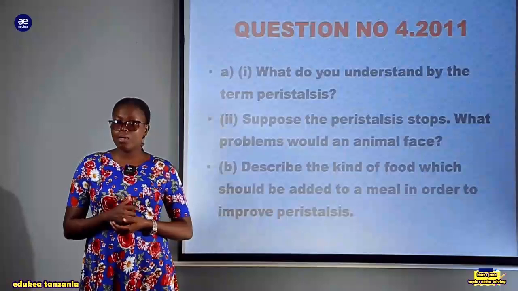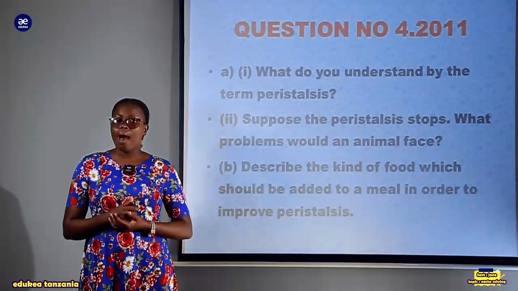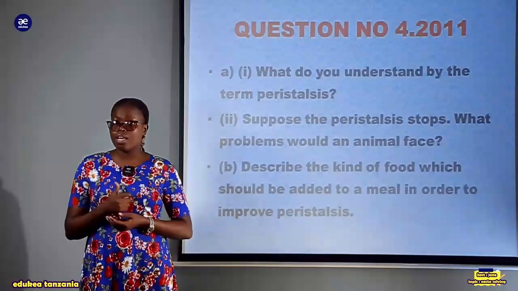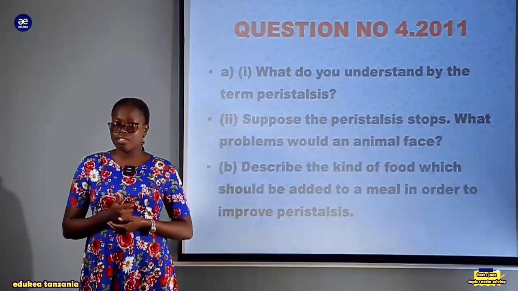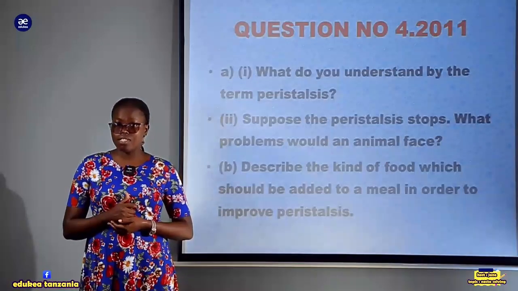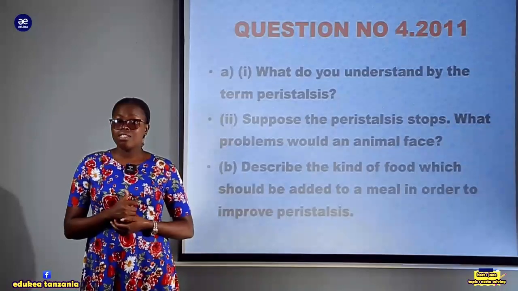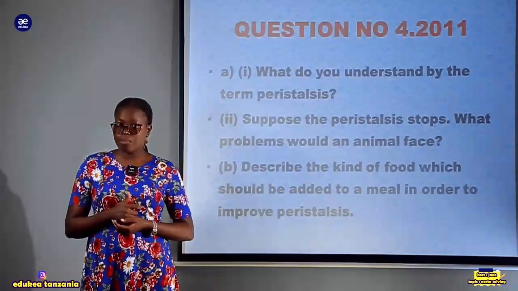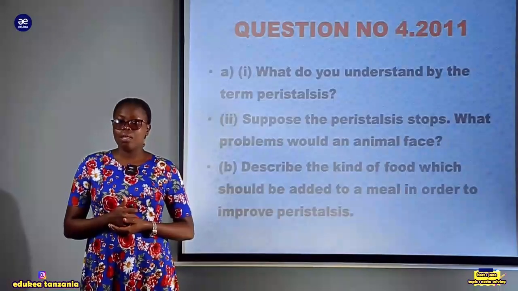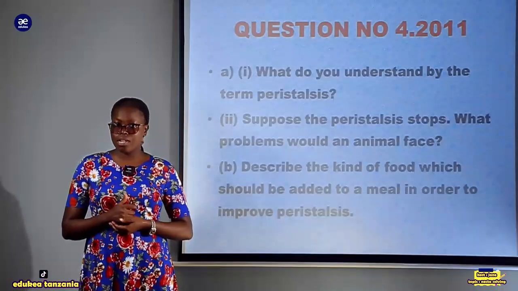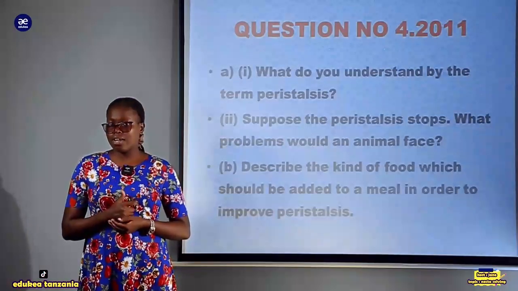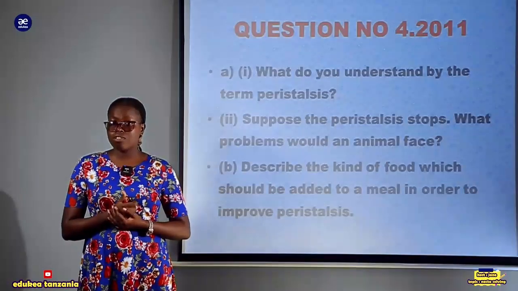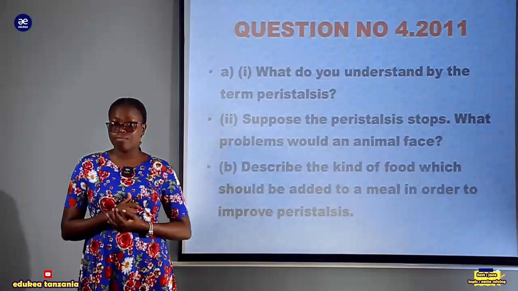After that, kuna chemical digestion within the mouth, ambapo this chemical digestion is accomplished by the presence of the salivary amylase, ambao ni enzyme ambao inasaidia katika digestion of the starch. So these complex food substances are broken down by the teeth into smaller particles, so as to increase the surface area for the action of the salivary amylase, so that the food can be easily swallowed.